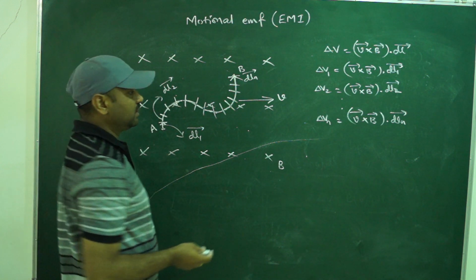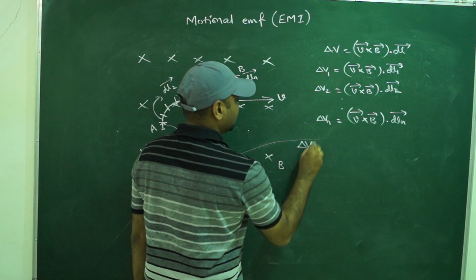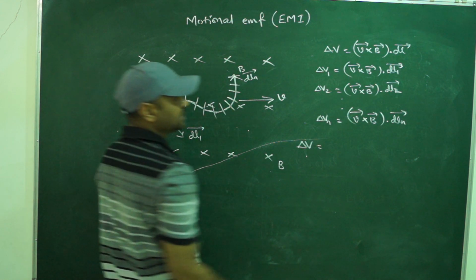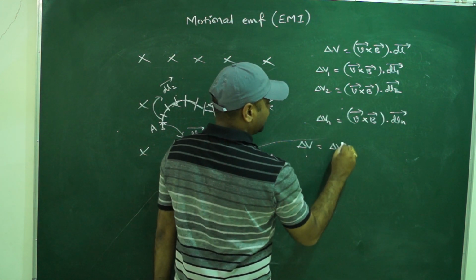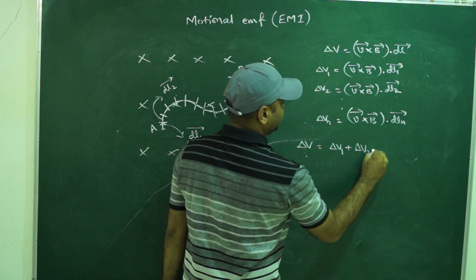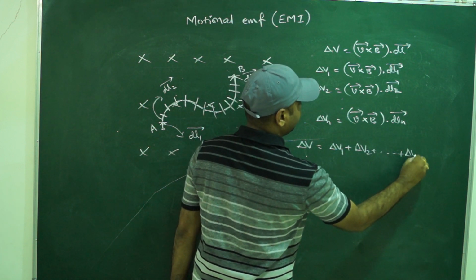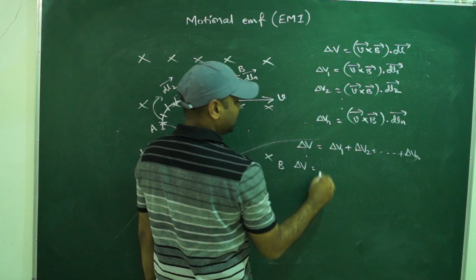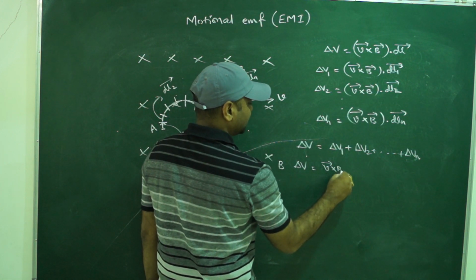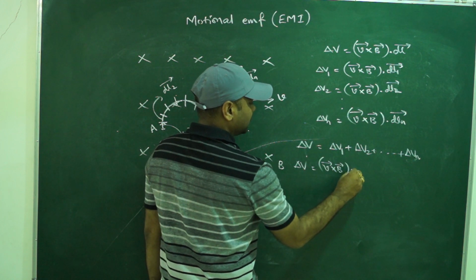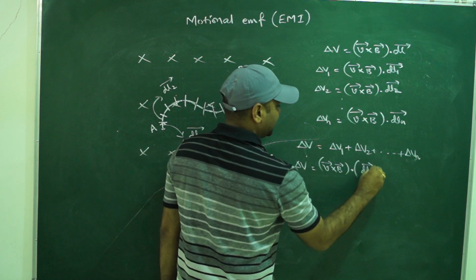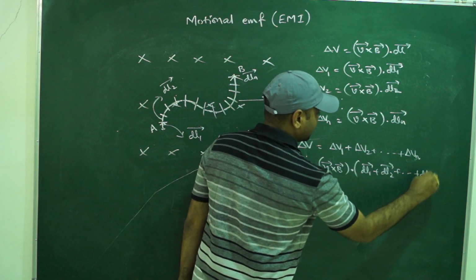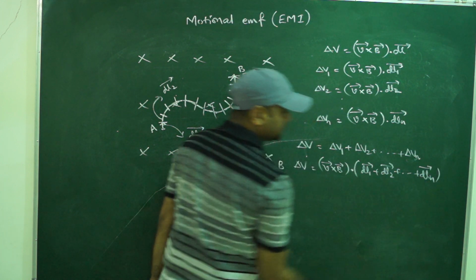Now I need to find the net potential difference across the entire AB bar. So I have to add all the potential differences, delta V1, delta V2 and so on, up to delta Vn. If I add all these, I can take one thing common, that is (v bar cross B bar) dot (dl1 bar plus dl2 bar and so on up to dln bar).